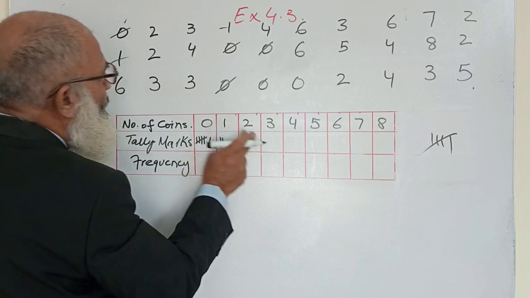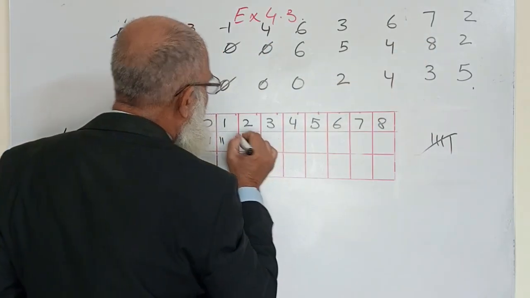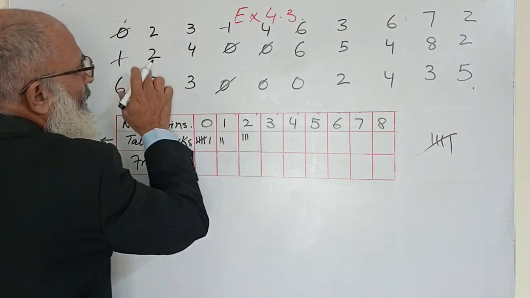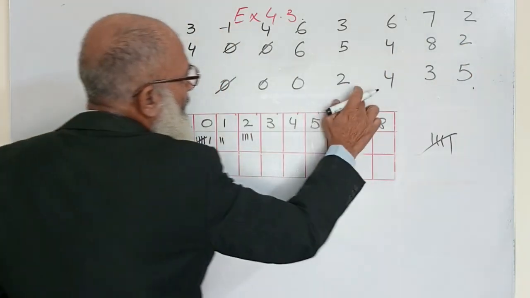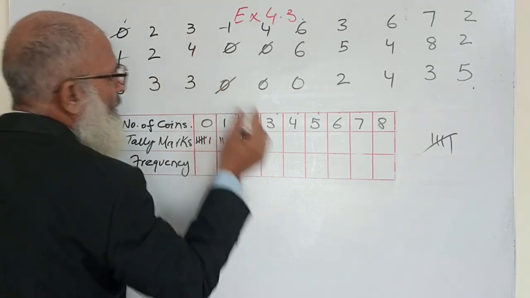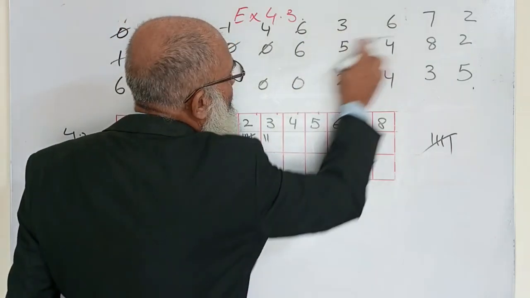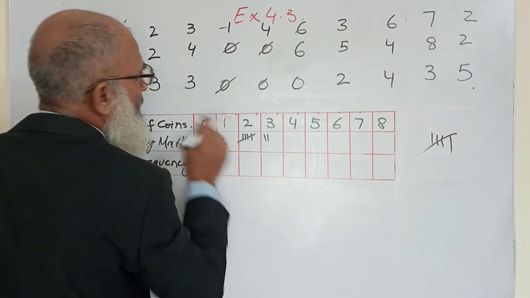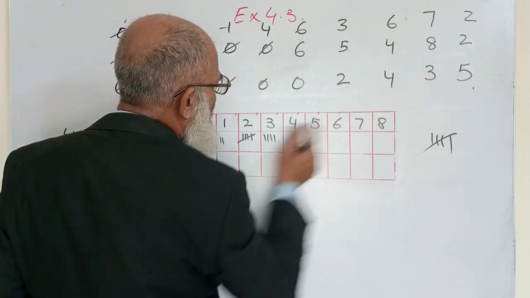For 2, 1, 2, 3, 4 and 5. Okay. For 3, 1, 2, 3, 4, 5.